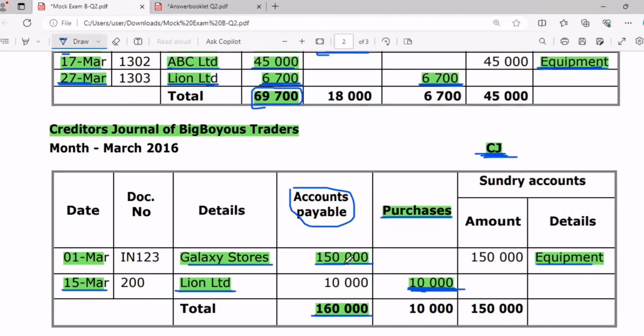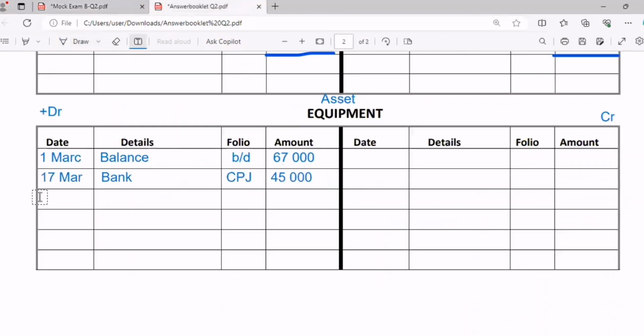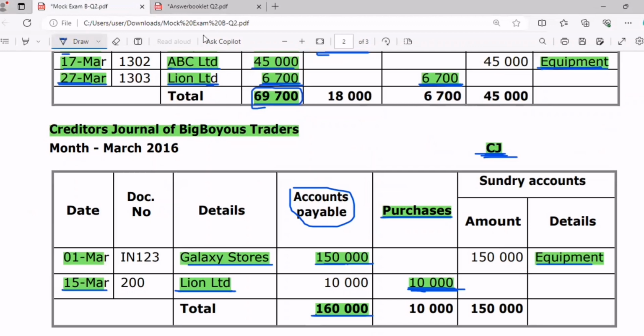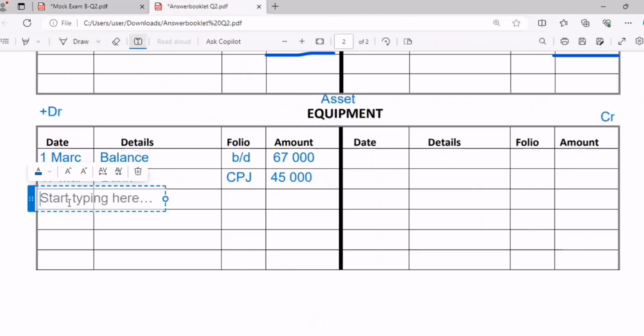So now we're going to have more equipment because we have acquired one on credit. So the value of our equipment asset is increased. So the date is 1 March. So this transaction took place on the 1st of March.